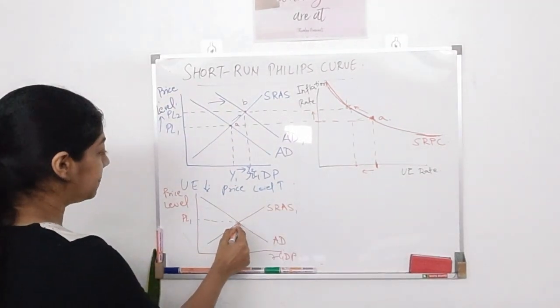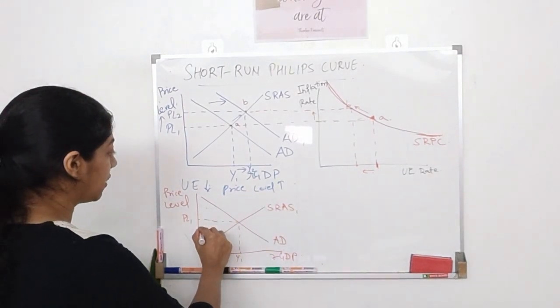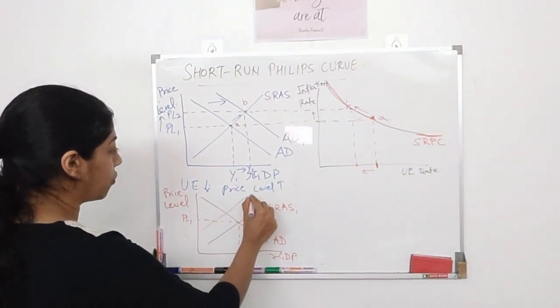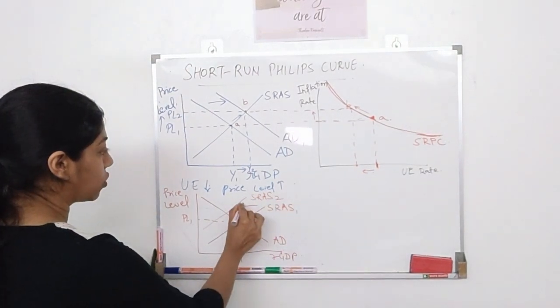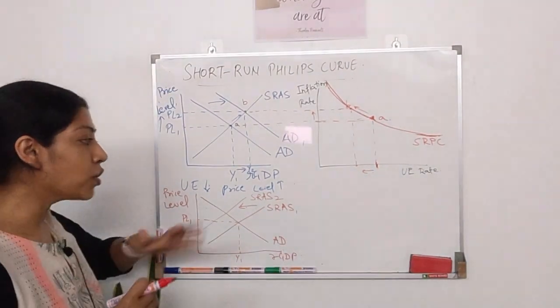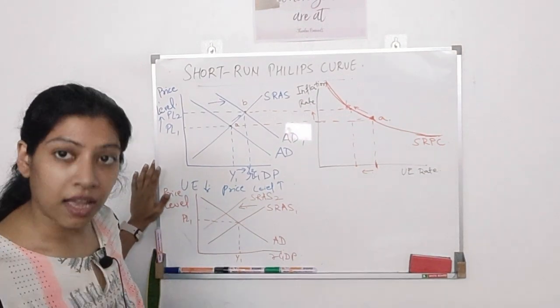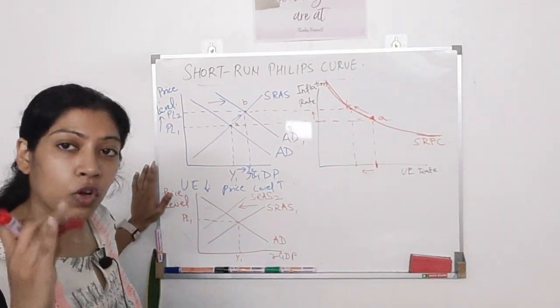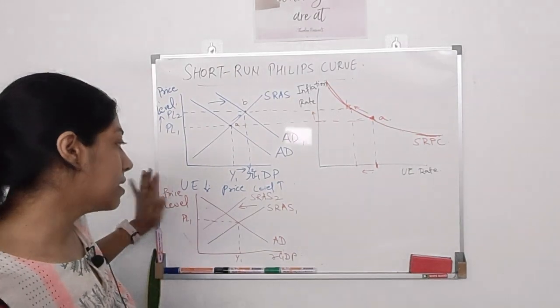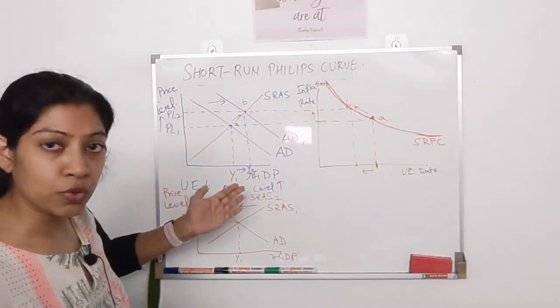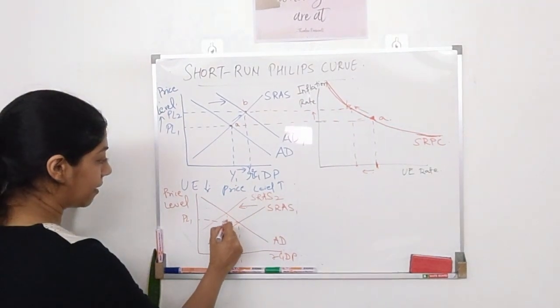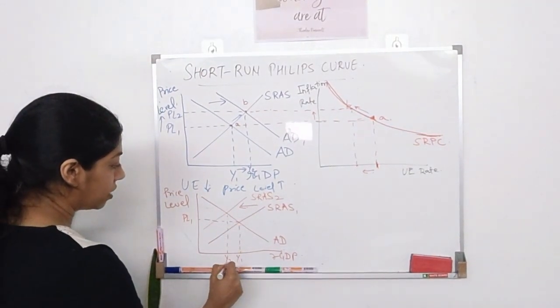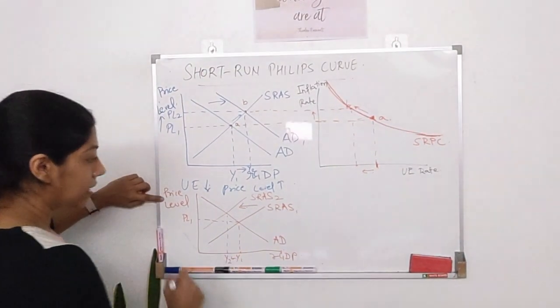And then we want to show a leftward shift in short-run aggregate supply, because that is what cost push inflation is. It means that the costs of production are really high, and because of high costs of production, the supply is going to reduce. Due to the reduced supply, obviously, the real GDP is going to decrease, right?